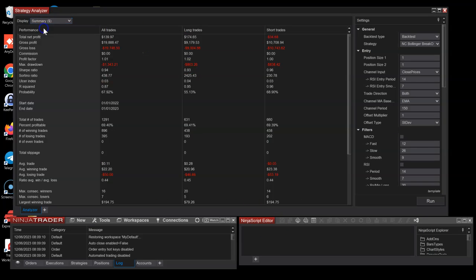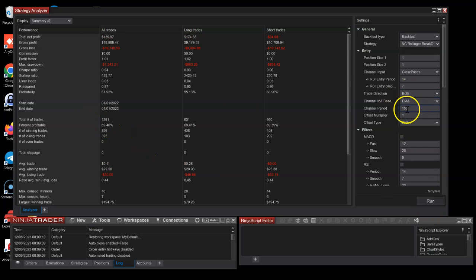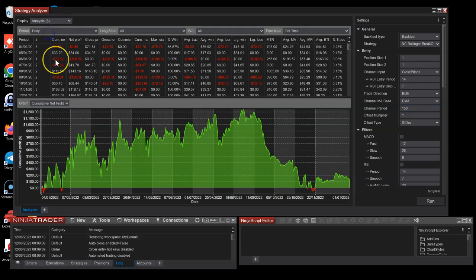You can see that made a dramatic change. The trade count just increased dramatically. So we can see that the channel period affects the equity quite seriously.